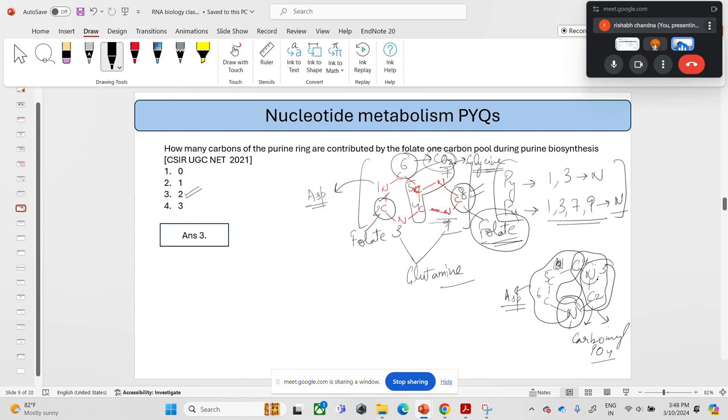So this N is provided by the glutamine molecule, and this carbon is provided by bicarbonate ion. This is the basic sharing of atoms from different molecules in the pyrimidine ring.